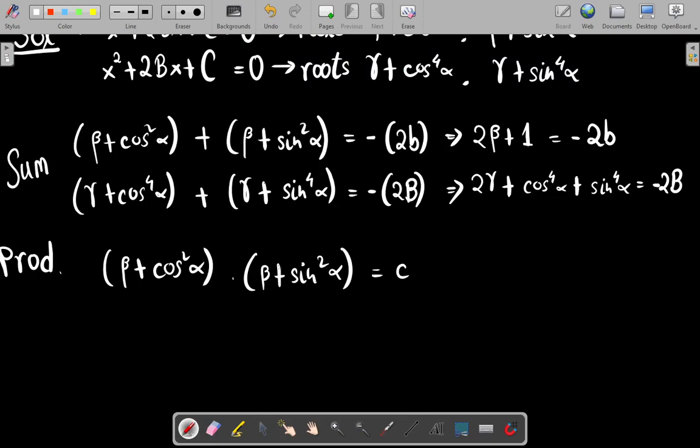Again, if we simplify this, there is nothing much helpful here. On simplifying, this will just become beta square plus sine square alpha beta plus cos square alpha beta and then cos square alpha sine square alpha. I'm not writing the other one here, you can write it and try.